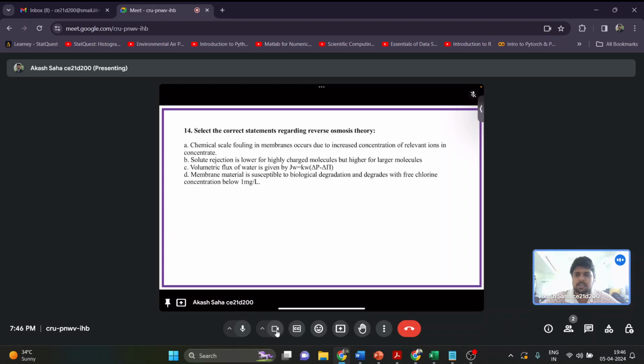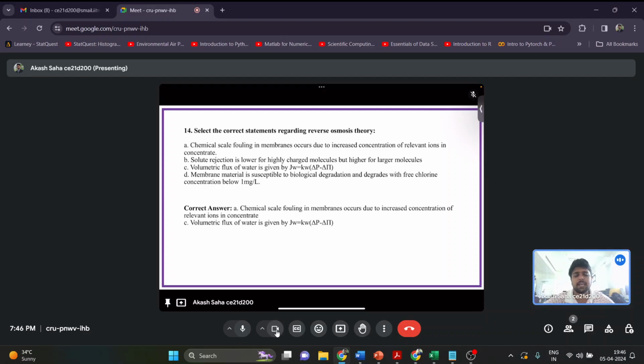So option B is incorrect. Option C, volumetric flux is given by the equation. So the equation given is definitely correct. So option C is fine. Now talking about option D, it is saying that it will degrade the membrane material if the concentration is below 1 mg per liter. So this is incorrect. It is true when it is above 1 mg per liter. So if the free chlorine concentration is above 1 mg per liter, it will try to degrade the membrane material. So option D is incorrect.